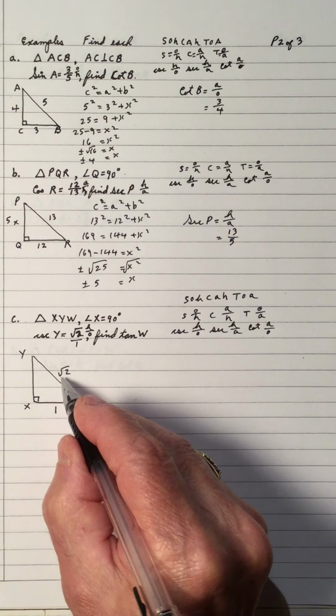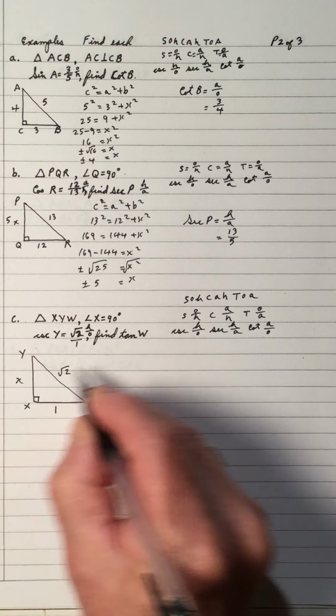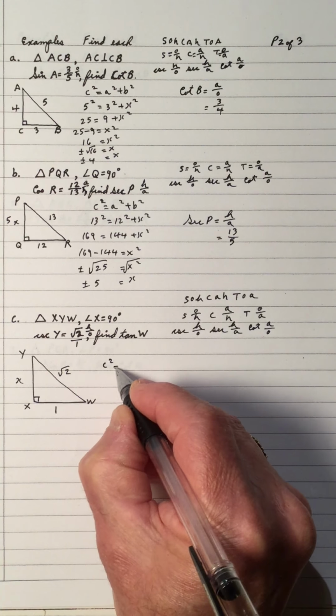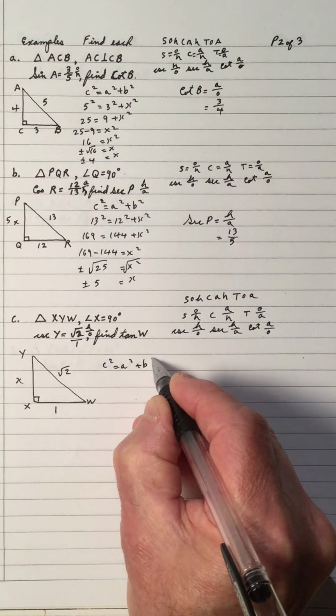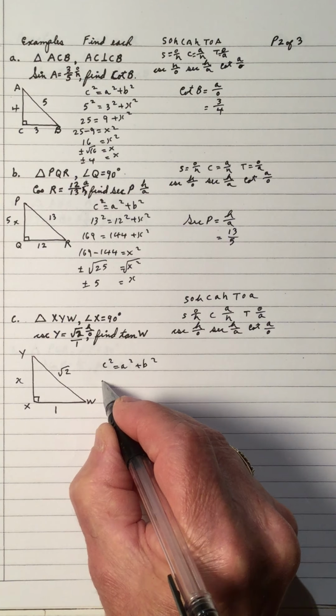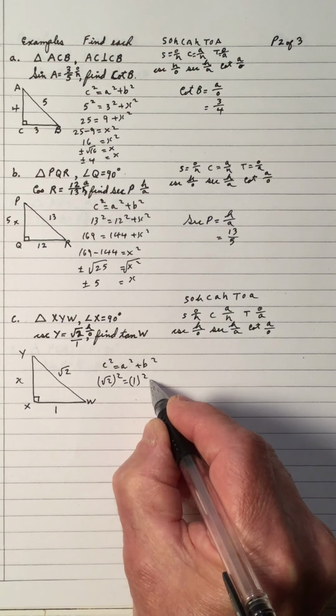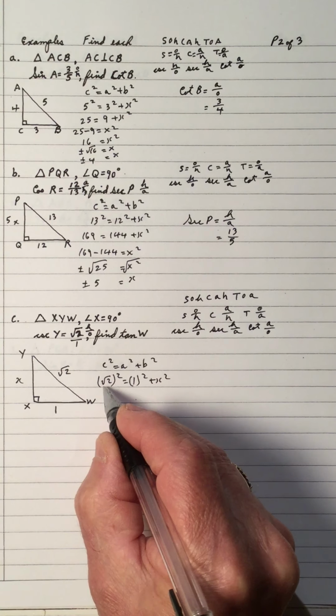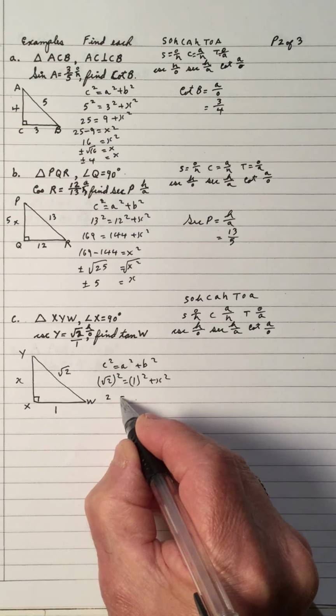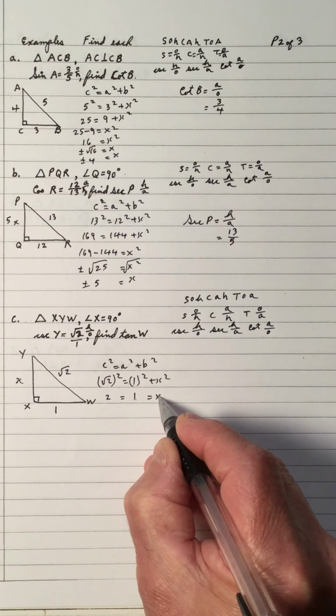So now we work out, we put X here, we go C squared is A squared plus B squared. Hypotenuse is root 2, so root 2 squared is 1 squared plus the X squared. Root 2 squared is 2. 1 squared is 1.